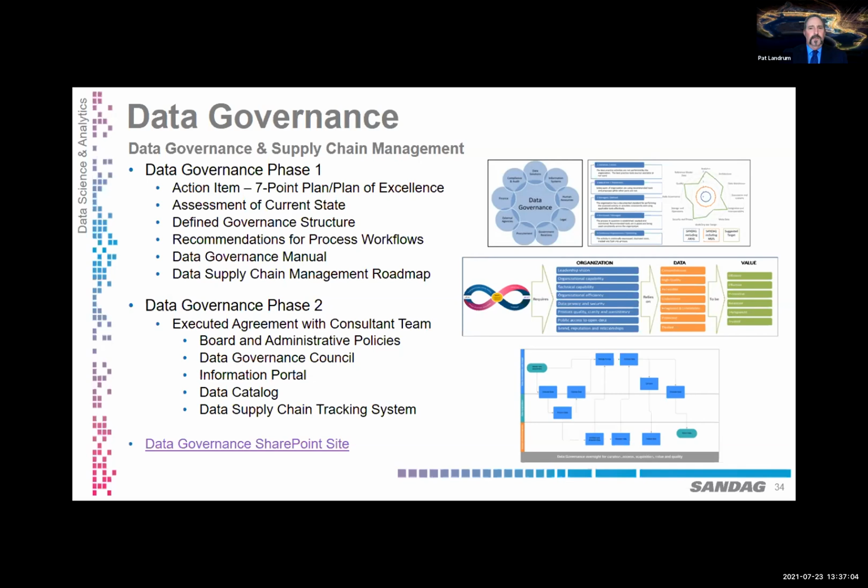And a key outcome was a data governance manual that really provided a roadmap for us to embark on what we will call implementation and mainstreaming of data governance throughout the organization. A key part of that as well is the data supply chain management roadmap.